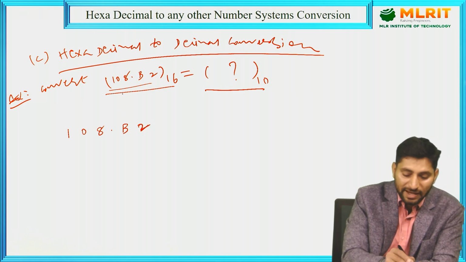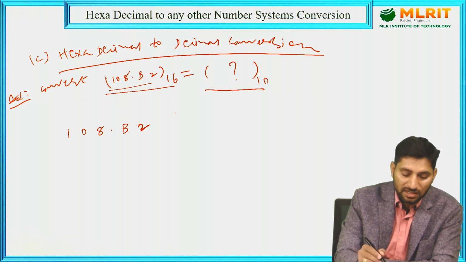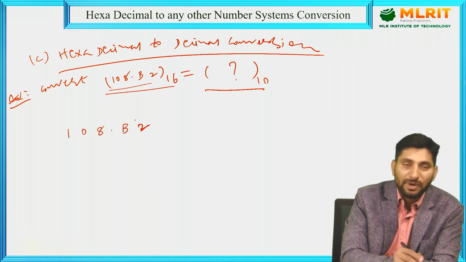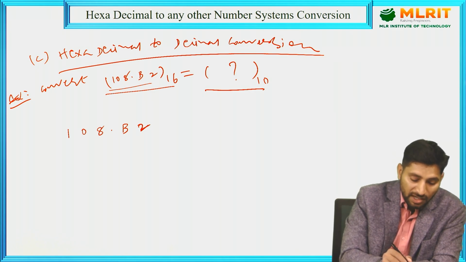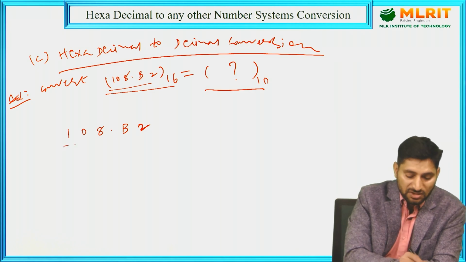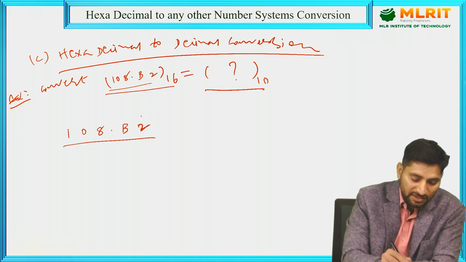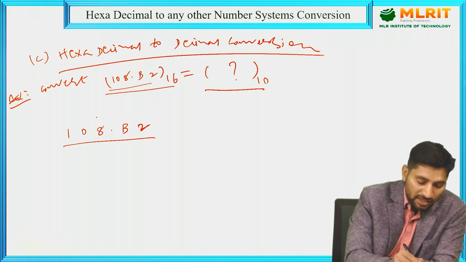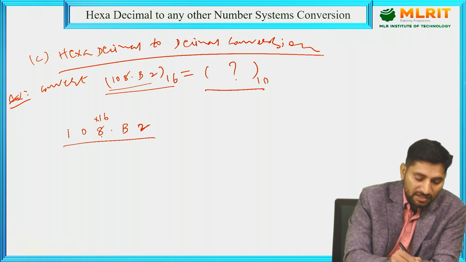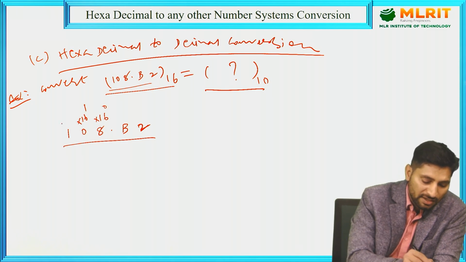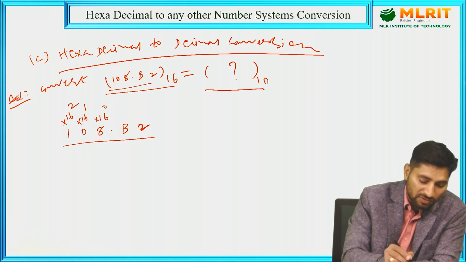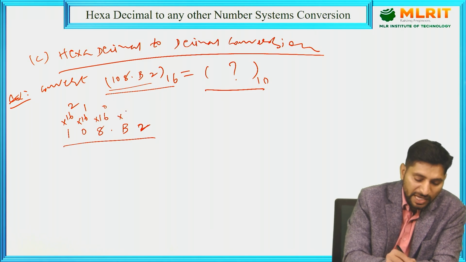The corresponding base weight of this 8 is 16 power 0, this 0 is 16 power 1, and this 1 is 16 power 2, and for this B it is 16 power minus 1, and this 2 is 16 power minus 2.